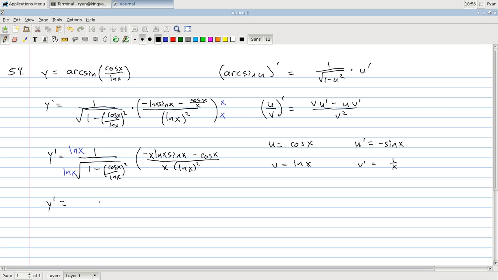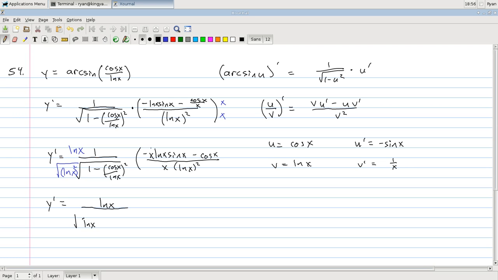Now multiplying these through, we've got natural log x in the numerator. Our denominator, when we distribute this through, first we've got to make sure that this is in a radical. So we can rewrite that ln x as the square root of ln x squared. Now this is in a radical, as is this, so we can distribute that ln x squared to both terms.